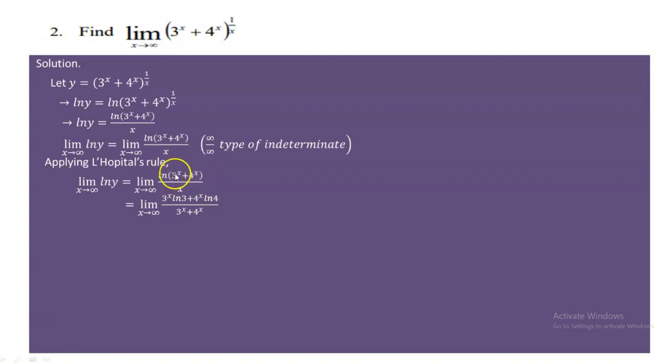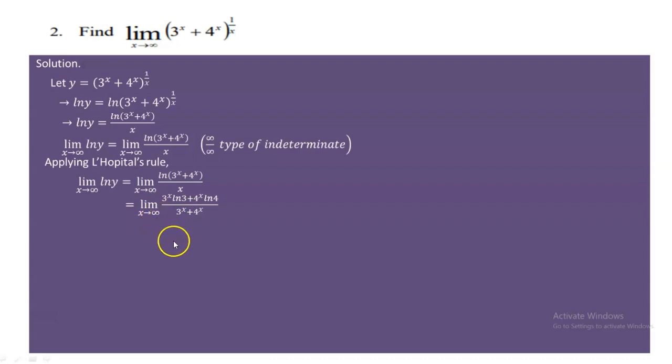The derivative of ln of (3^x + 4^x) is 1 over (3^x + 4^x), and when you differentiate the inner one, you get the numerator expression 3^x ln 3 + 4^x ln 4. And as you are differentiating x, it will be 1, so you will never see 1 here, but it is there. Now as x goes to infinity.